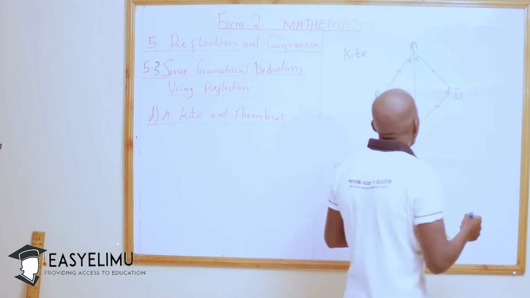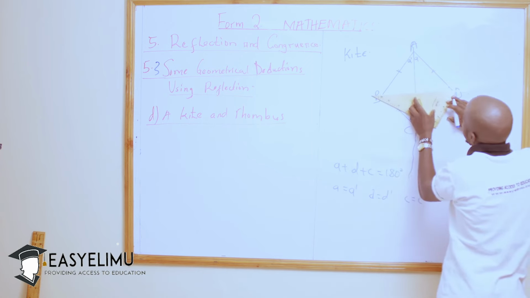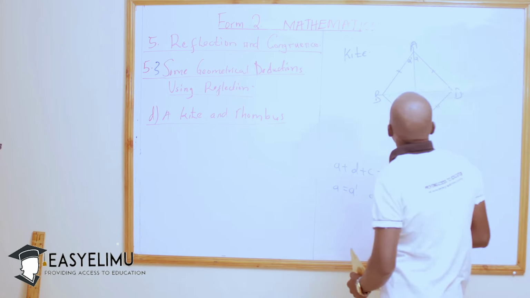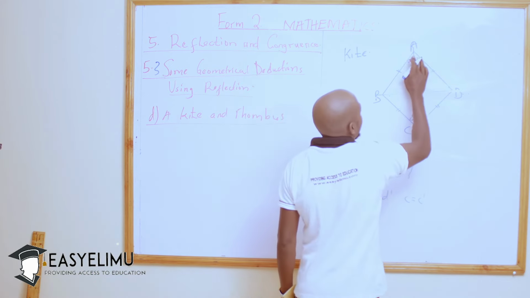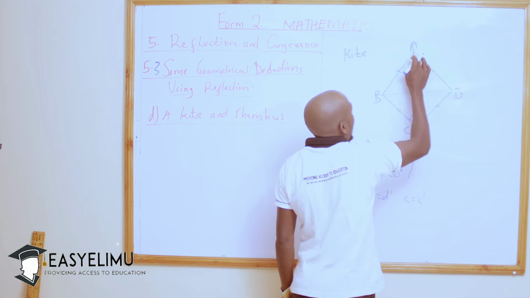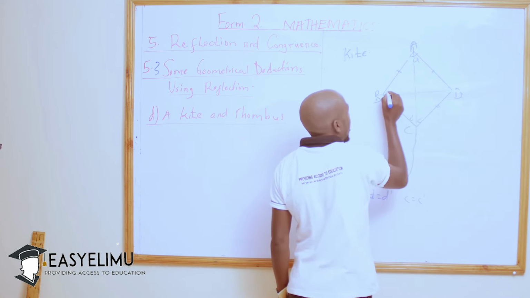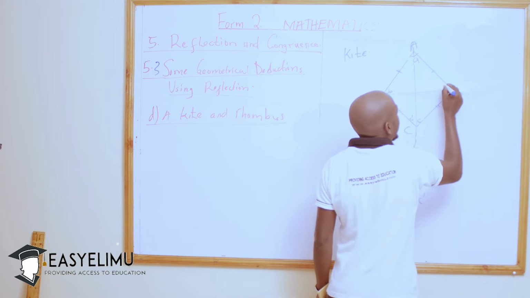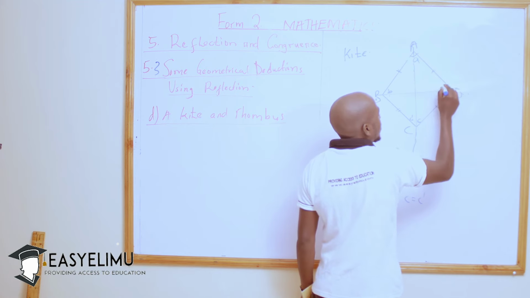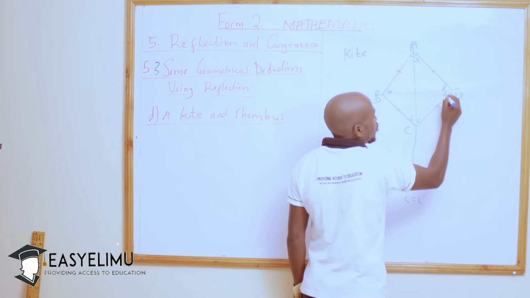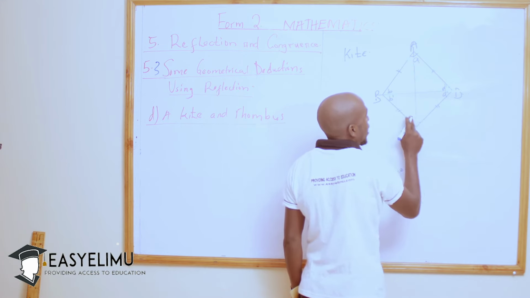If I choose to do it the other way round, using BD as my mirror line, I will find that if I name this angle A, this one B, and this one D, then on reflection this one is going to be D prime, this one is B prime, and this one will be A prime.